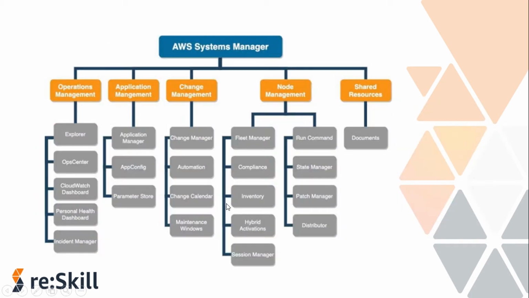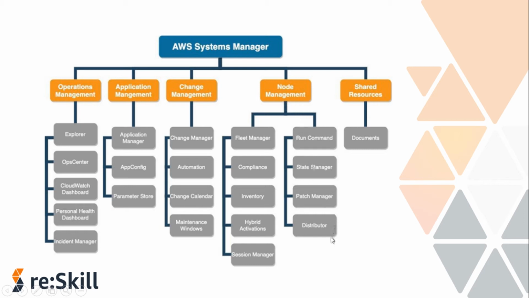Now moving further towards the capabilities of Systems Manager, it is comprised of individual capabilities which are grouped into these categories: operations management, application management, change management, node management, and the shared resources. So in this video, we will be learning the inventory and patch management of this node management category, or you can say the node management group of Systems Manager.